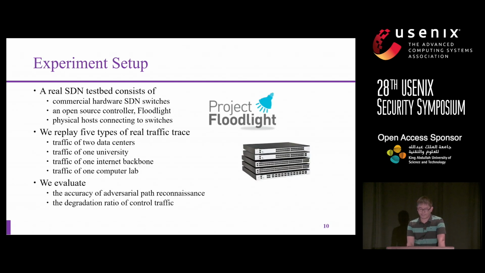To evaluate the effectiveness of the attack, we conduct experiments in a real SDN testbed. The testbed contains commercial hardware SDN switches, an open source controller Floodlight, and physical hosts connecting to the switches. We replay 5 types of real traffic traces as the background traffic, and we evaluate the accuracy of our adversarial path reconnaissance and the degradation ratio of control traffic.